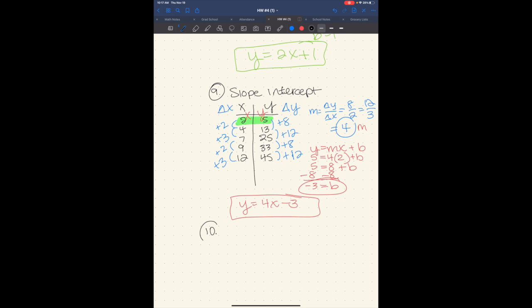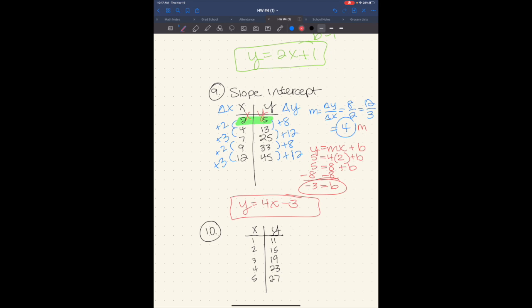Number 10 on my quiz is another chart. So we've got x and y. Our points are 1, 2, 3, 4, 5. And then we've got 11, 15, 19, 23, 27.